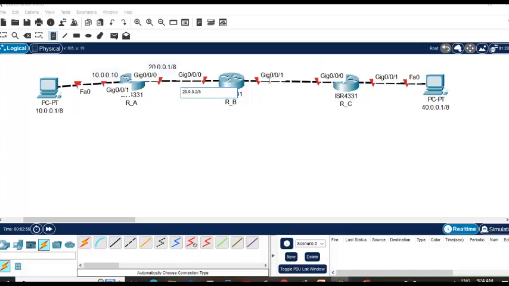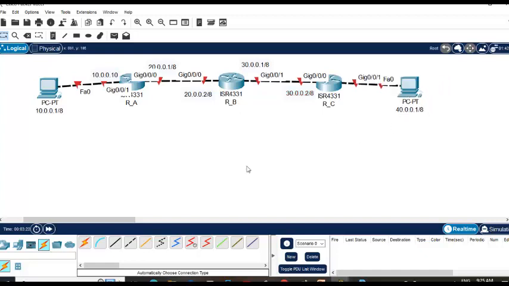I'm going to give 30.0.0.1/8, 30.0.0.2/8, and here 40.0.0.3/8. That's it. So these are the IP addresses that we are going to assign. Planning is done. Let's go configure.